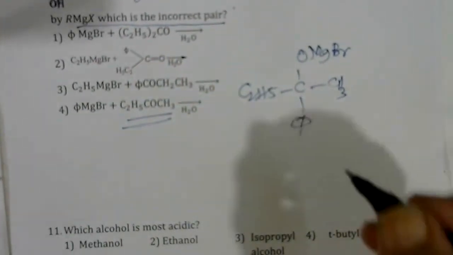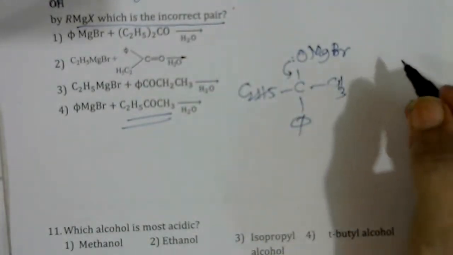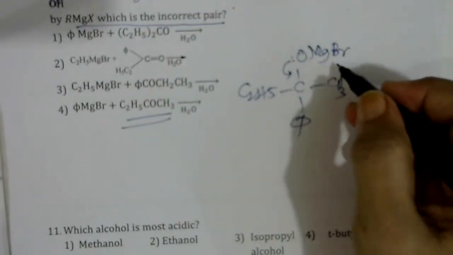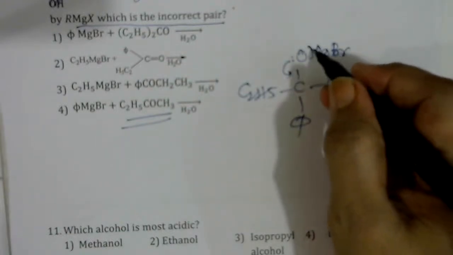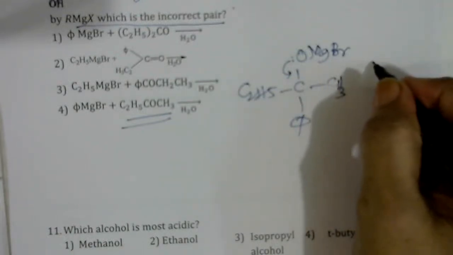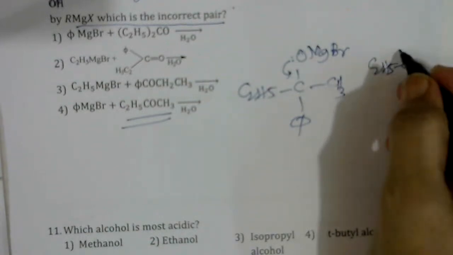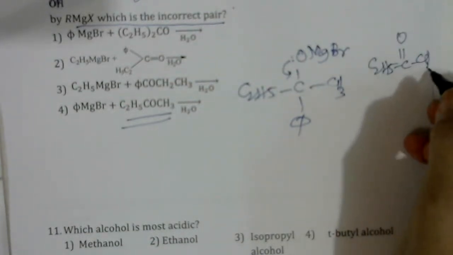Then we know very well that this, on further conversion, with the elimination of MgBr, is converted into the ketone, C2H5 C double bond O CH3.